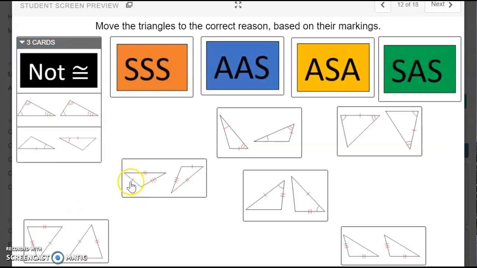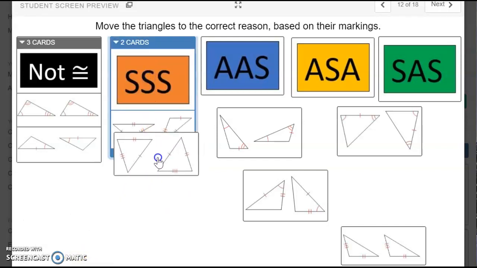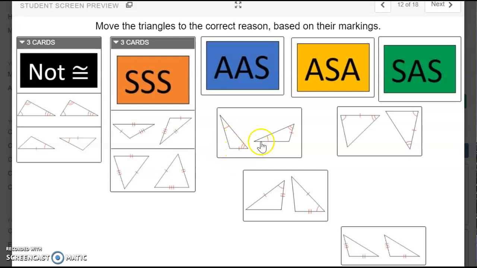What about this? I have a side, another pair of sides, so it's 3 pairs of sides. So side, side, side. Again, another side, side, side. What about this? We have an angle pair, another angle pair, and the side pair. And the side pair that is congruent is not in between.